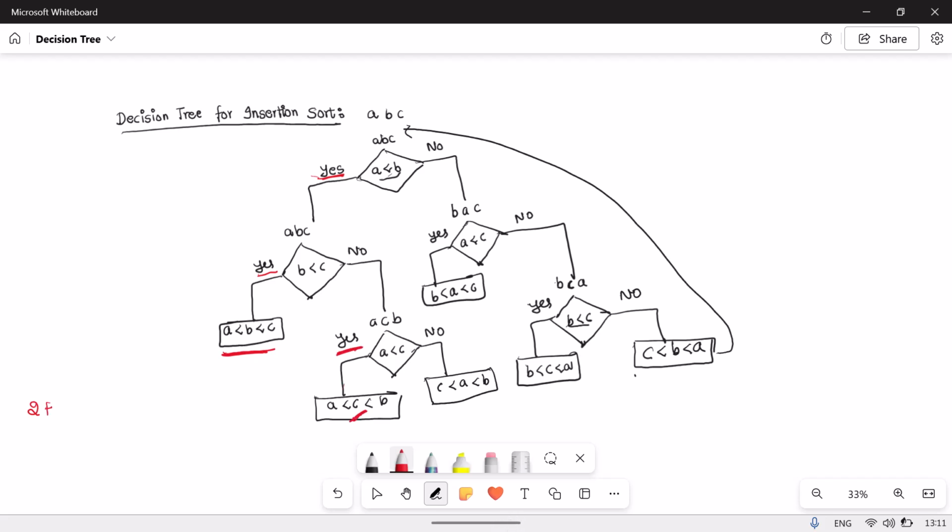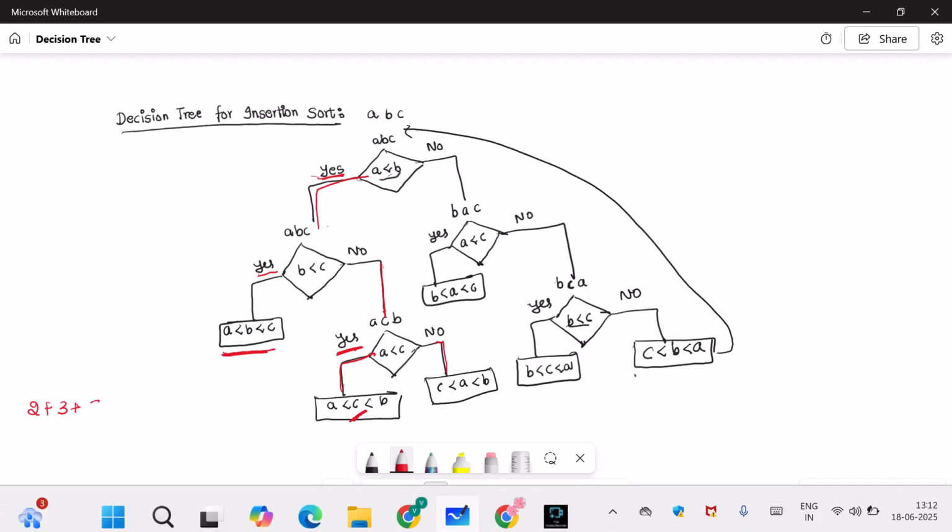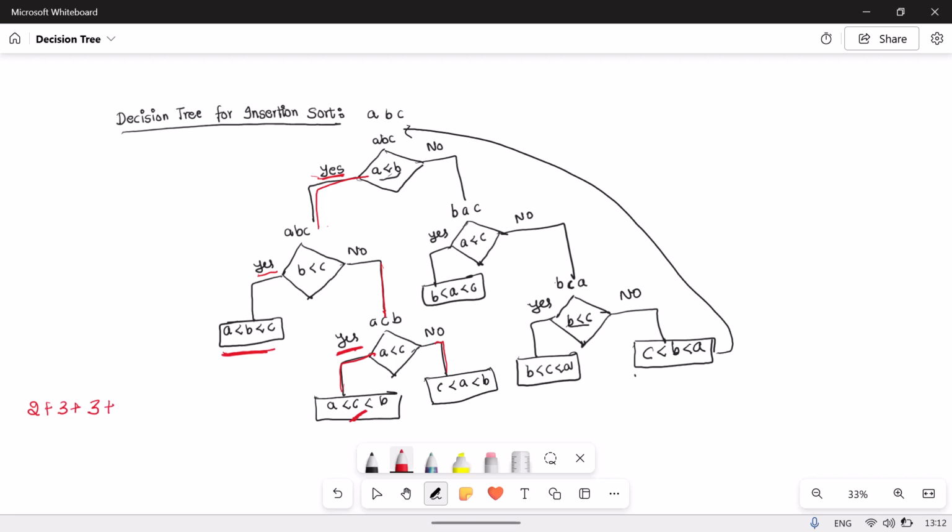For this result, it is 1, 2, and 3, so there are 3. Likewise, for this, again, there is 3. For the other end, this one, 1 and 2. For this one, 1, 2, and 3. Similarly, for this one, it is 1, 2, and 3. So you are getting the values like this.